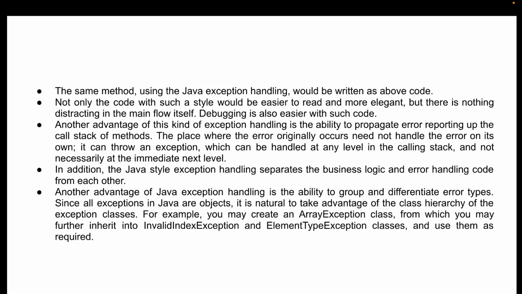Then another advantage of this kind of exception handling is the ability to propagate error reporting up the call stack of methods. What we mean by this is, see, I told you one example of an error being thrown at the database layer.